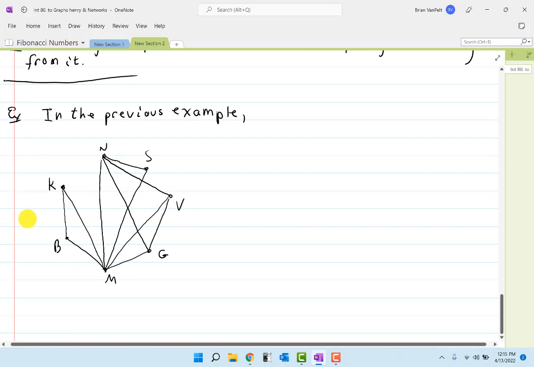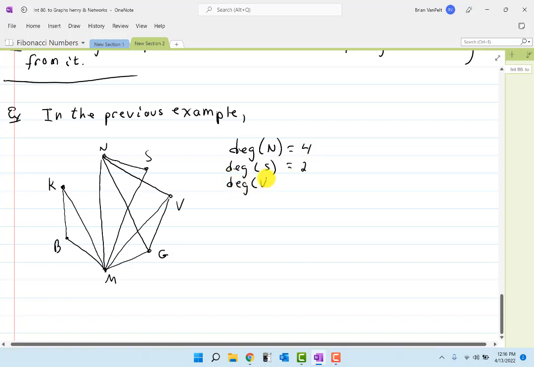All right, I brought up the previous example. Let's get the degree of each of these, and I'll introduce the notation while I'm at it. So the degree of Nicole equals, let's see how many edges are coming out of that vertex. I've got 1, 2, 3, 4. Now let me go on to the degree of Sabrina. S just had 2 edges coming off of it, so that's a 2.